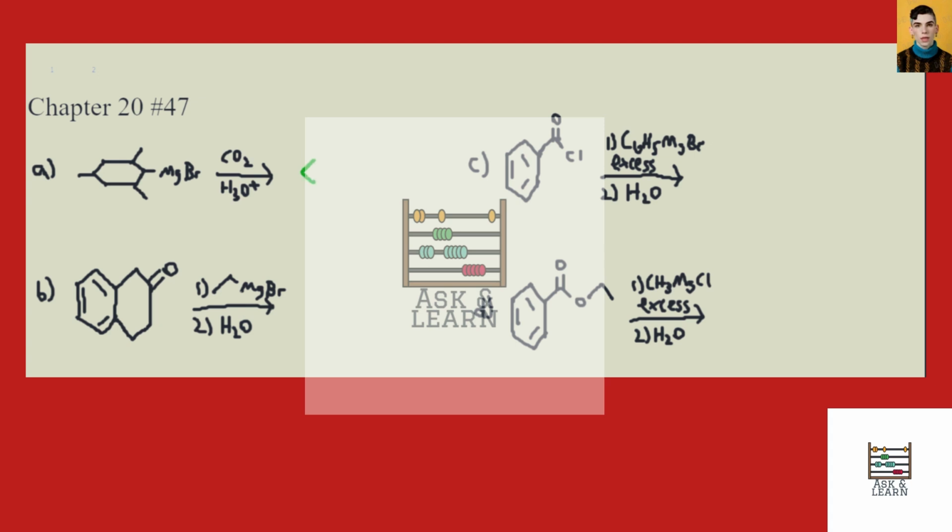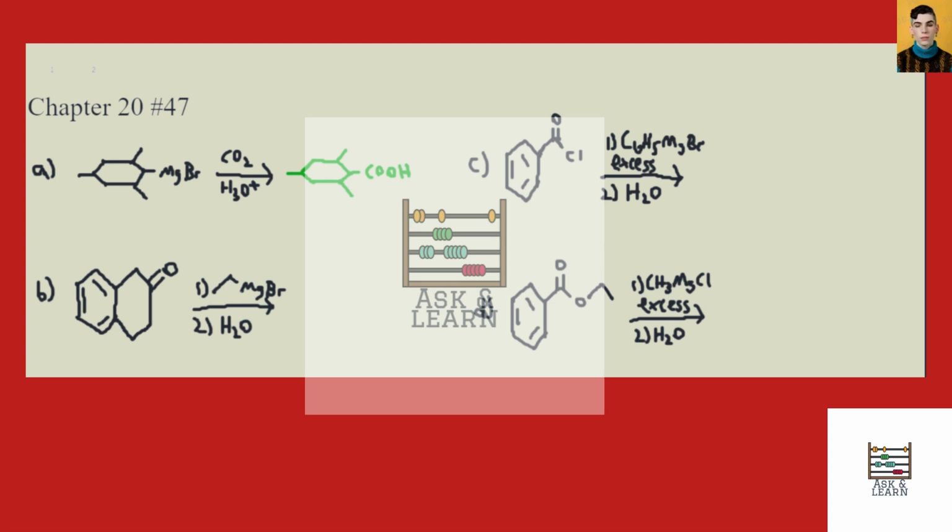So remember, when we react a Grignard reagent with carbon dioxide, we end up with a carboxylic acid instead of an alcohol like we typically get when we use just an aldehyde or ketone. So we have basically just replaced our MgBr with a COOH. So we have the carboxylic acid there.